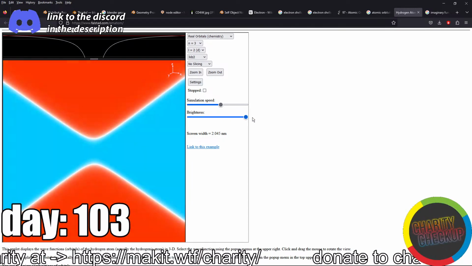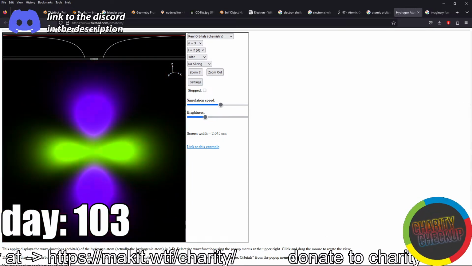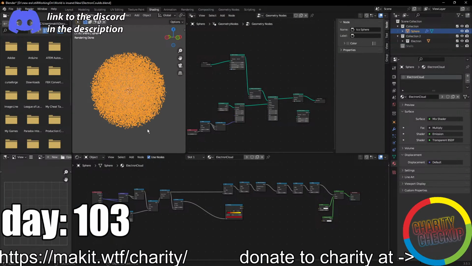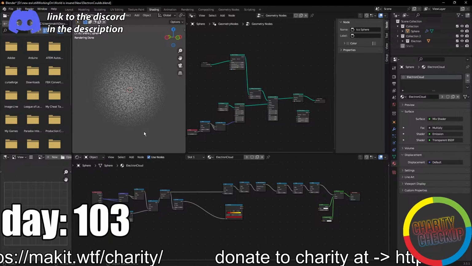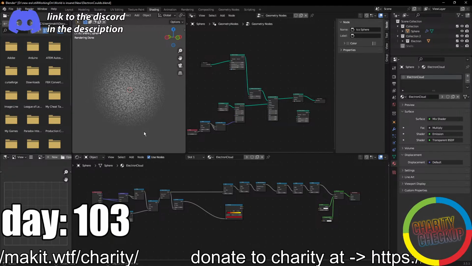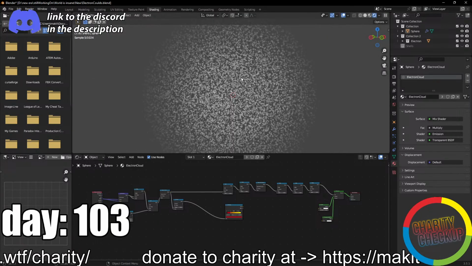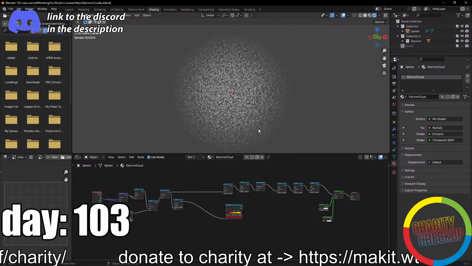Alright, make it, quit playing with that. It's not a toy. This is a decent visualization. Fine. I can do these manually.